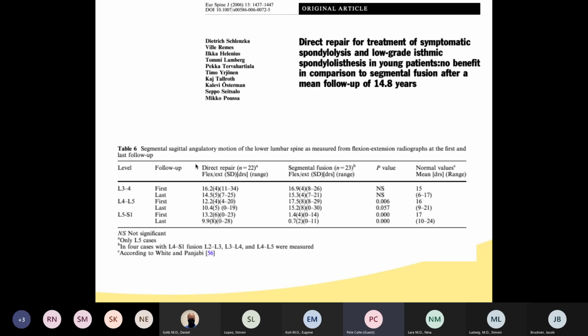So they pointed to that as another area where the theoretical advantage of a direct repair didn't really pan out in the results. Overall, the outcomes were about the same with the direct repair versus a fusion in this long-term follow-up.